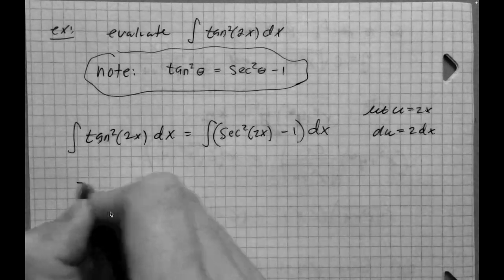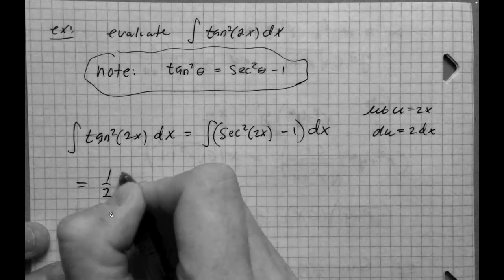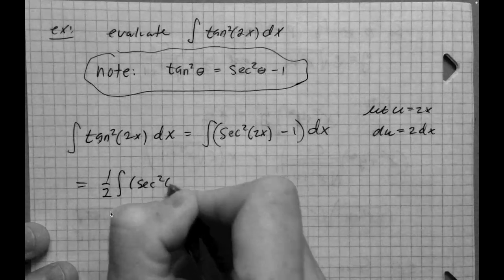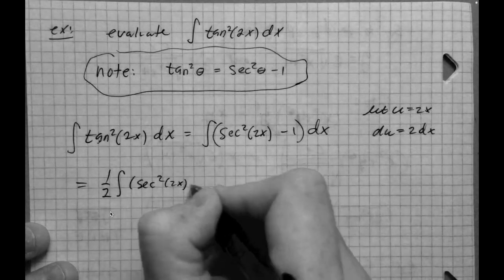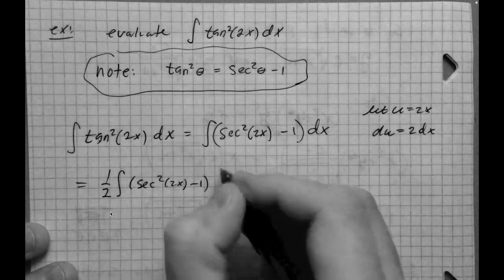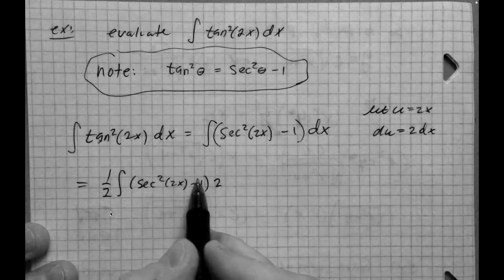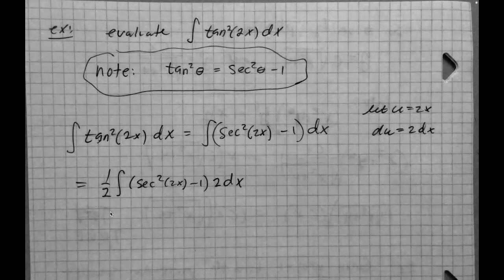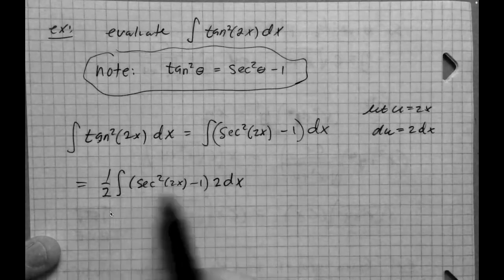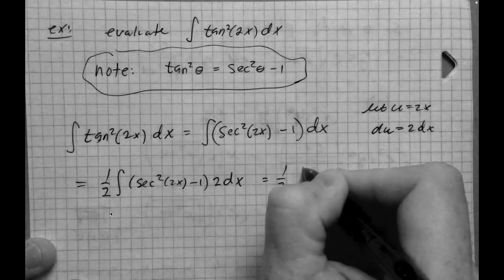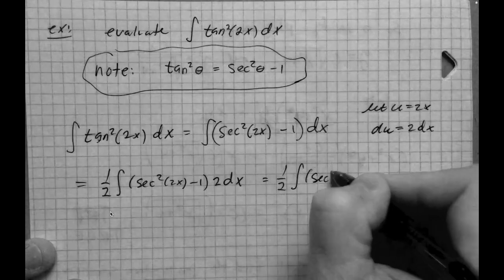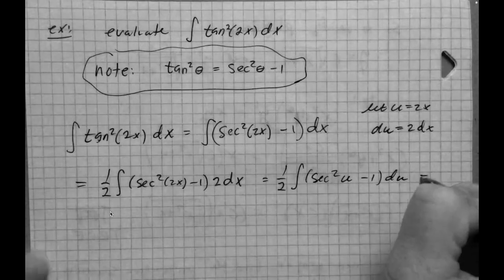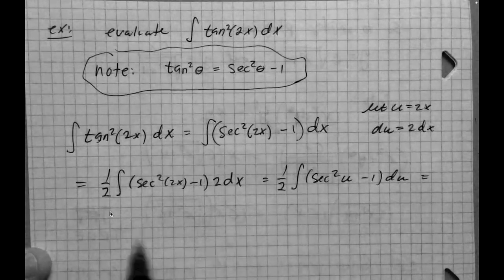Let's rewrite this as 1/2 times the integral of secant squared 2x minus 1 times 2. So 1/2 times 2 is all just 1 dx. That gets us all the substitution we need. So 1/2 times the integral of secant squared u minus 1 du, and then we can break it up into two pieces if we like.